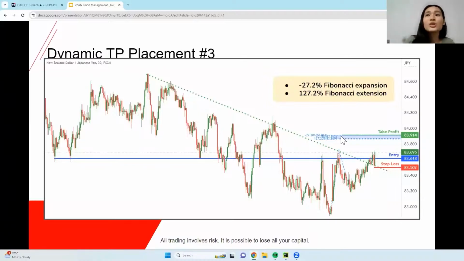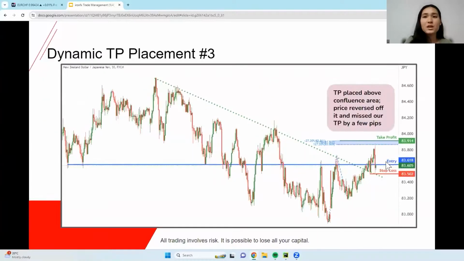So we are expecting price to rise above this entry level and hit towards our take profit and this Fibonacci confluence area. But we see that our take profit, when it's placed above the confluence area, actually missed price by a few pips, because price reversed off of this confluence area and reversed back down to our entry.